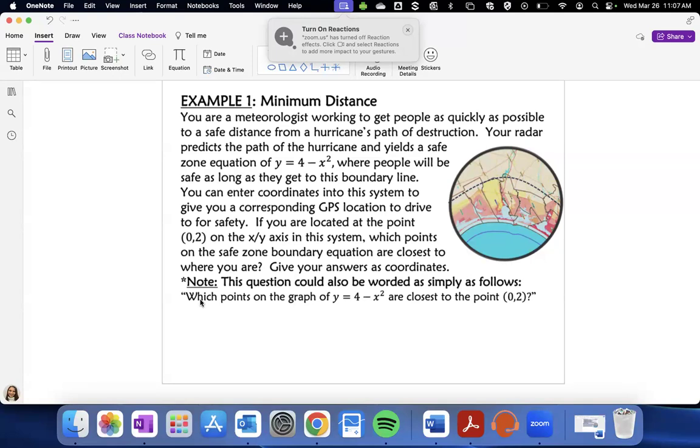Distance is the square root of the difference in x's, so x2 minus x1 squared, and then the difference in y squared. What goes in between? Plus or minus? It's plus. Difference in x squared plus the difference in y squared.